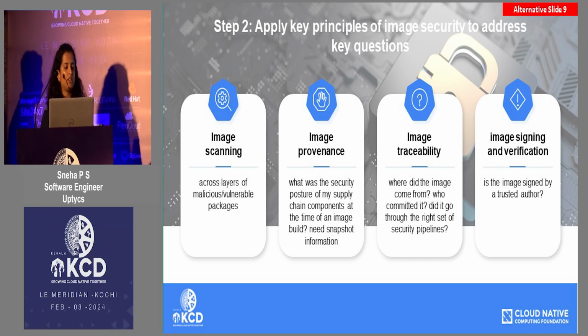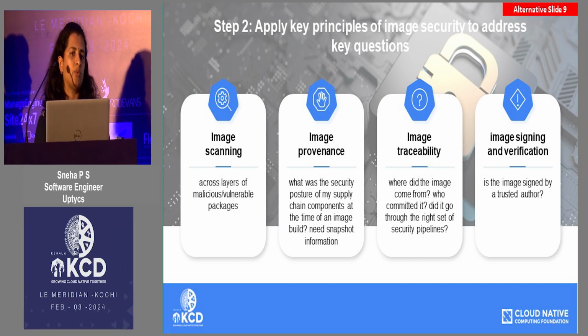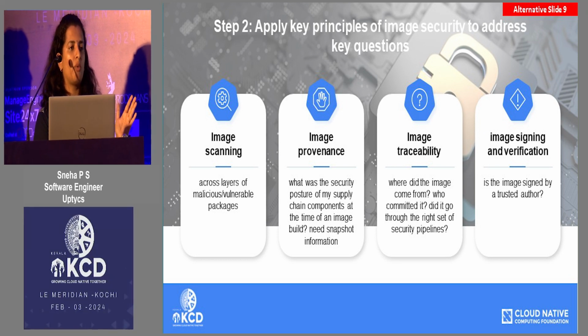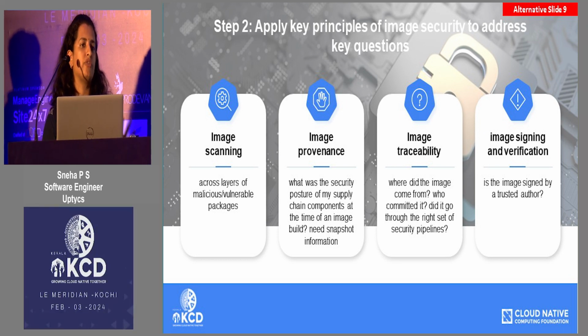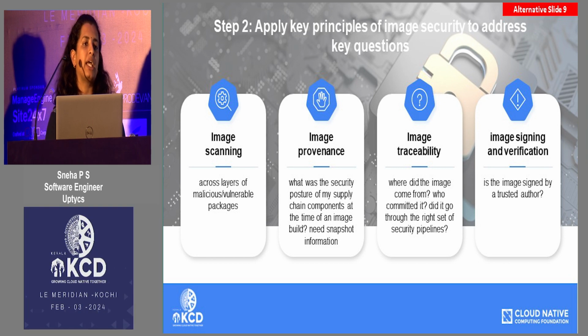Image provenance, again, is about the status of the software components involved while the image is being built, and whether throughout the pipeline we could find some issues. And traceability comes back to who built the image, when it was built, and how it made it here, along with image signing and verification. Here the images will have to be signed by trusted authorities, and only then do we make use of them in our pipelines. So this was step 2.